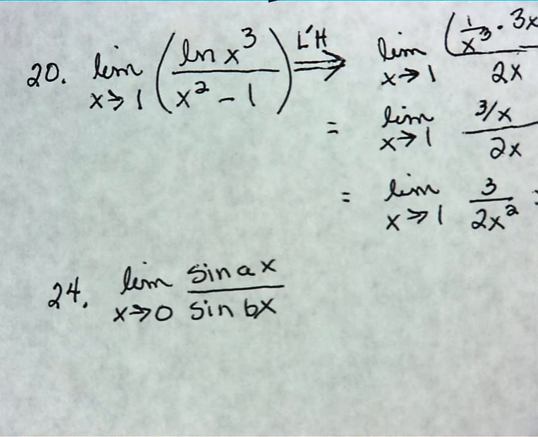Yeah, sine's continuous at the origin, that's fine. Is the derivative going to be 0 as x gets close to 0? The derivative of sine bx would be cosine bx times b. Is that derivative going to be 0?